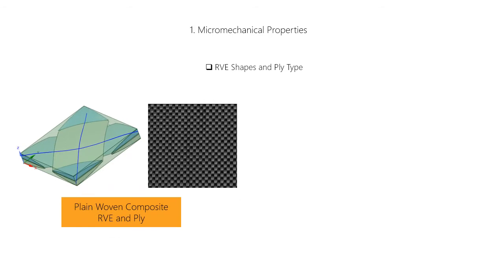So let us look at the micromechanical properties at first. The RVE shapes and ply type, of course. At first, let us look at the plain woven composite RVE and ply. The left one is the RVE design, and the right one is the macroscopic ply that we can see in practical engineering.